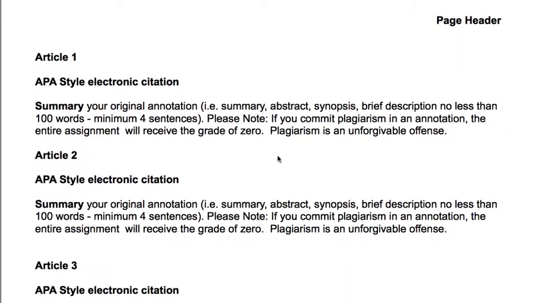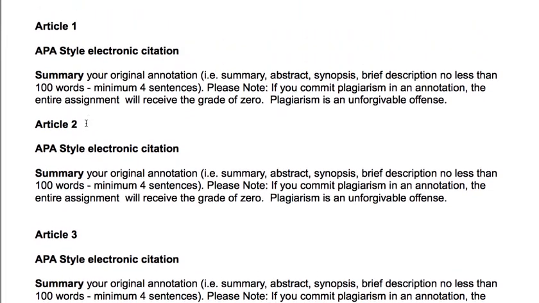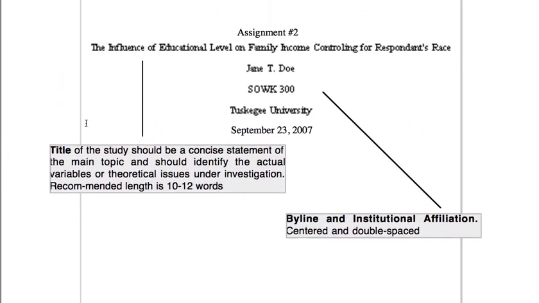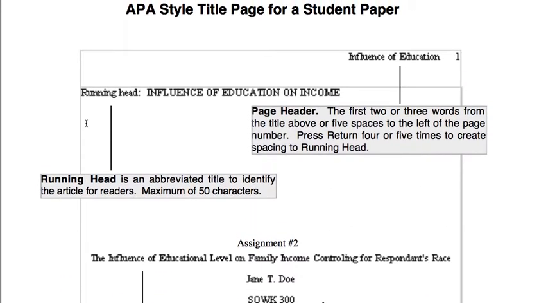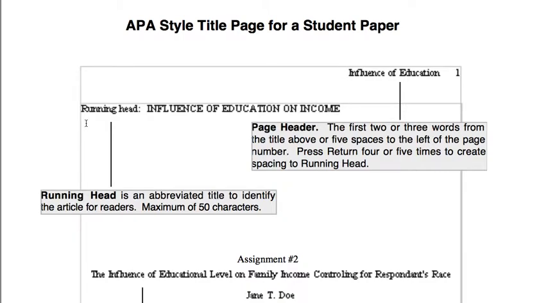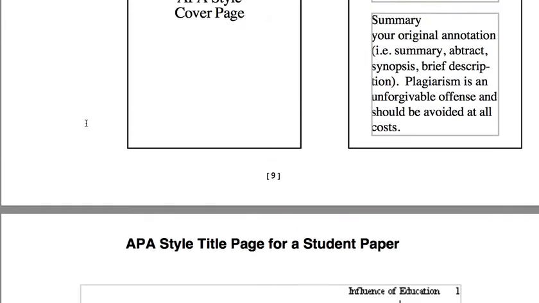All I want from you is to find 5 articles, put the correct citation, put a summary in 100 words. This is really, really, really easy. But what this does with the annotated bibliography is helps you learn some information regarding the topic that for this semester has been selected for you.